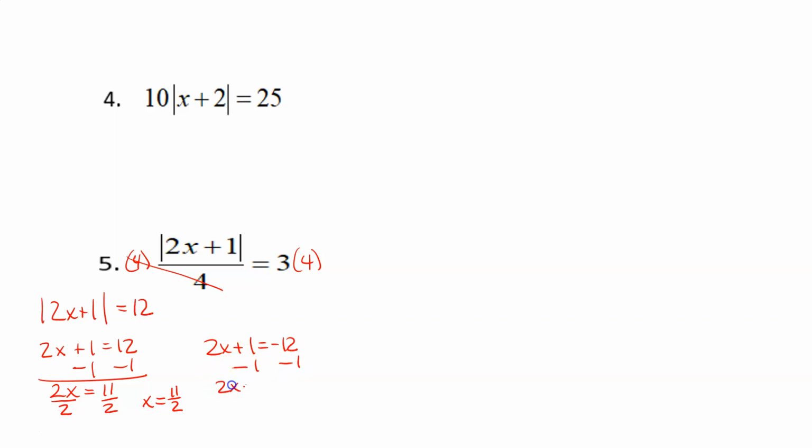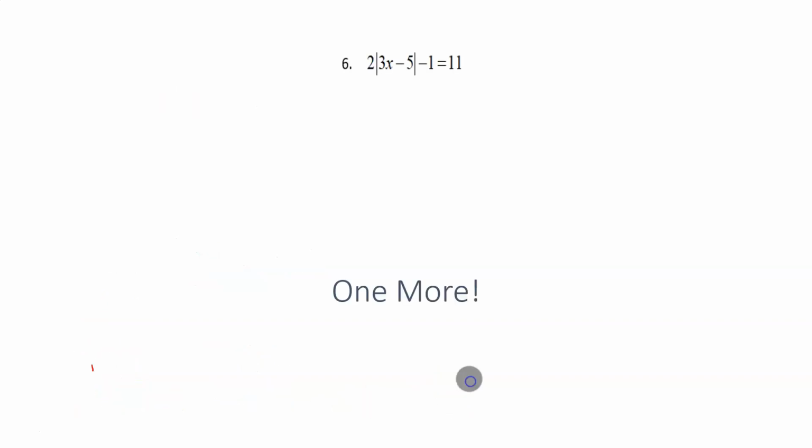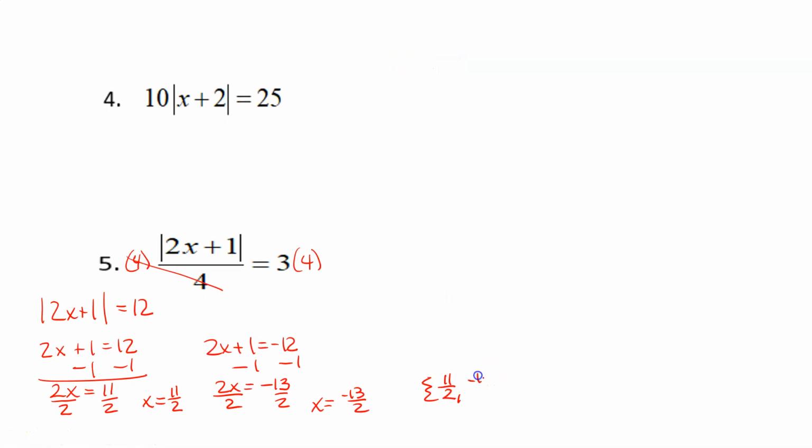So I have 2x equals -13. I'm going to divide by 2. So I have x equals -13/2. So my solutions are 11/2 and -13/2.